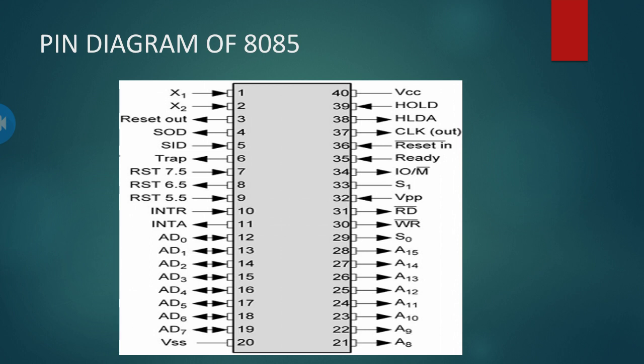See students, don't get confused with the VSS pin and VCC pin. VCC pin is used to provide voltage, whereas VSS pin, pin number 20, is used for grounding purpose.